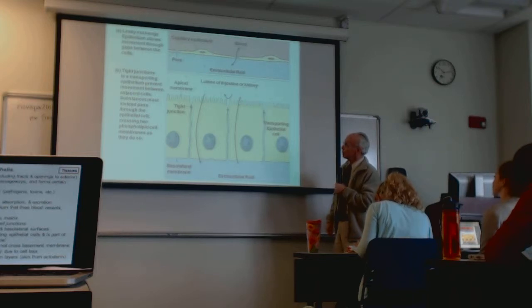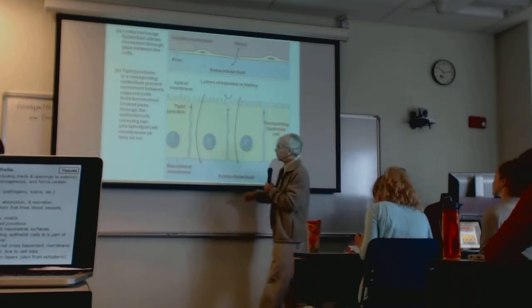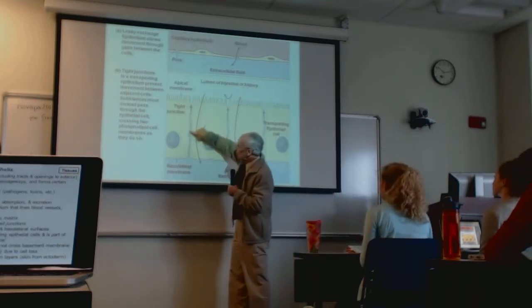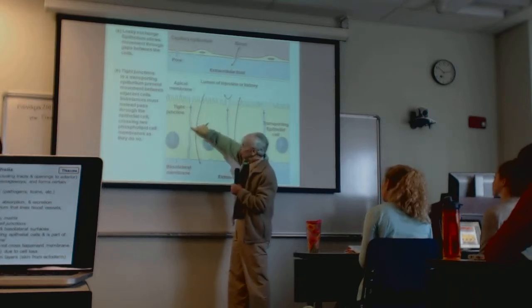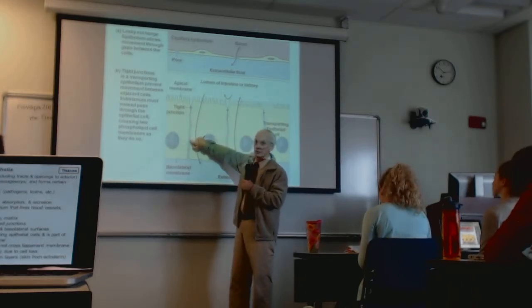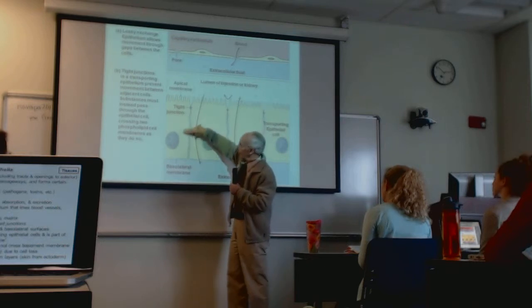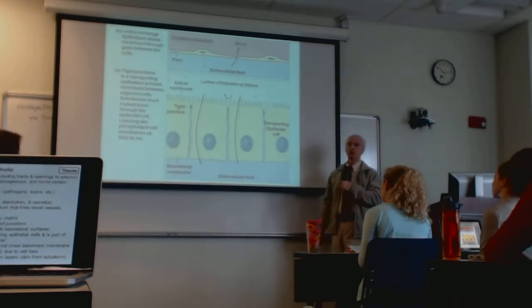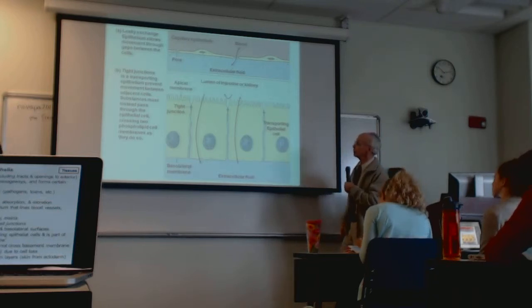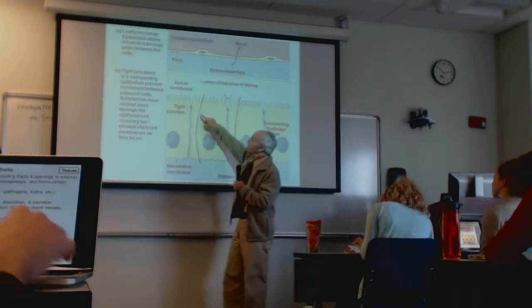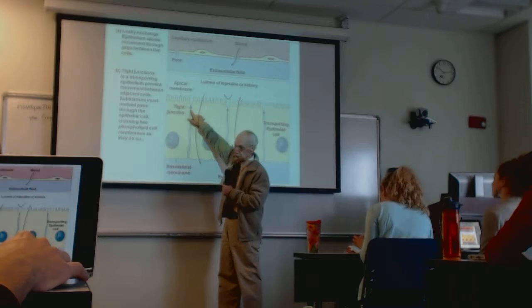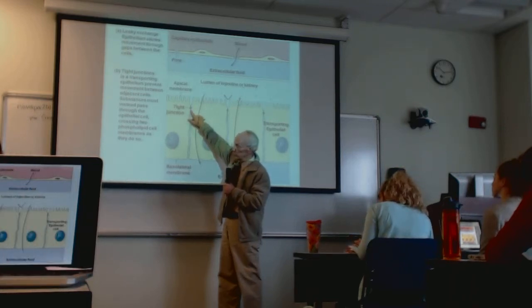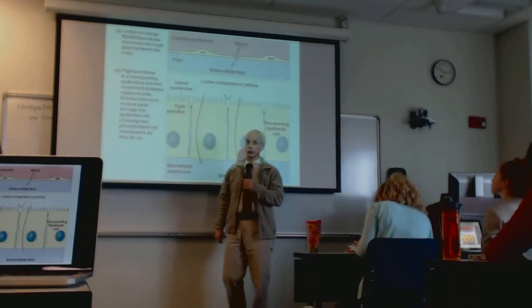And so when we talk about different types of cell junctions, it's not terribly well indicated here, but oftentimes there will be an array of cell junctions that bind these two epithelial cells together, depending upon the cell type, its location, and a variety of other factors. Up here, they're making reference to a specific type of cell junction we'll look at in more detail in just a second, called a tight junction.